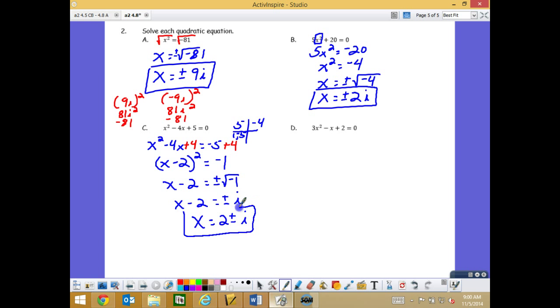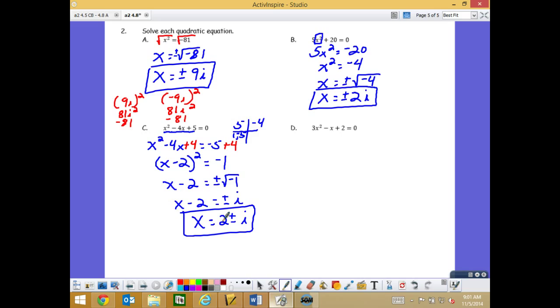Now, again, we have two solutions to that. 2 plus i is one, 2 minus i is the other. What this means graphically is that this parabola, x squared minus 4x plus 5, where the y-intercept is 5, axis of symmetry is at positive 2, and so on, never crosses the x-axis because we got those imaginary solutions.